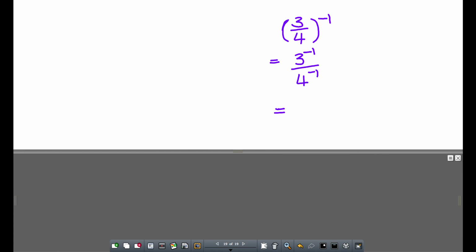Now I'm asking you to write this in positive exponential form, so I don't want negative exponents. Meaning the 4 will have to move to the top, and then it becomes positive 4 to the power of 1. Do I have to write to the power of 1? And then this 3 will move to the bottom.